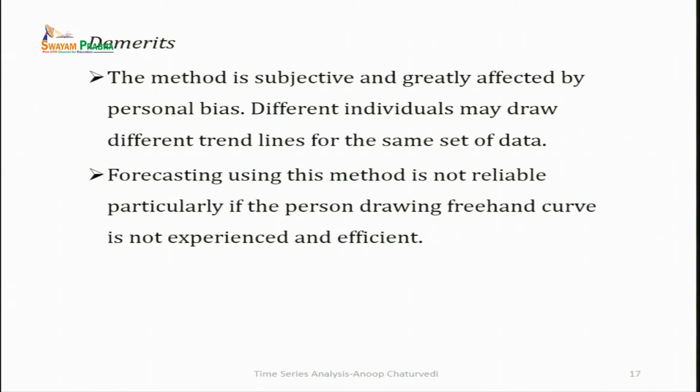Then forecasting using this method is not reliable, particularly if the person drawing the freehand curve is not well experienced and efficient. Because here in this method you are not using any mathematical formula, so you do not have any precise formula for forecasting also.